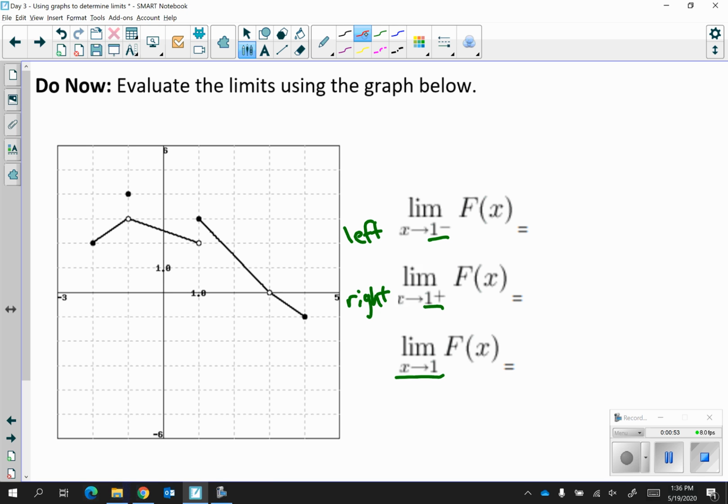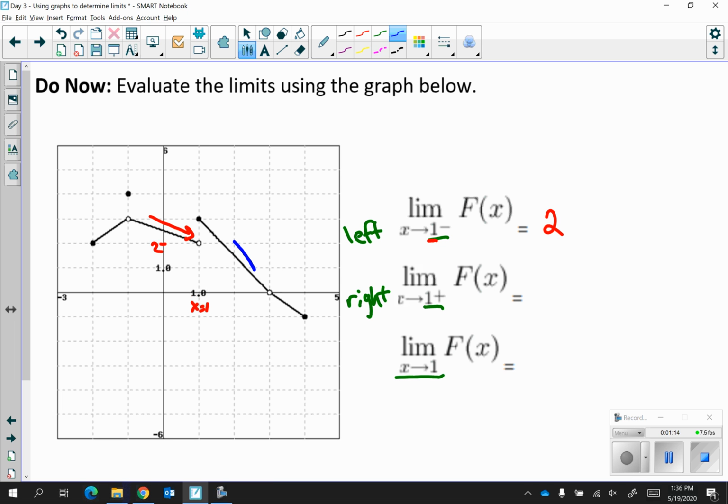So as we're coming from the left to 1, that means we're coming here and we're approaching x equals 1 from the left-hand side. We get a value of 2. Now we're going to come from the right-hand side.